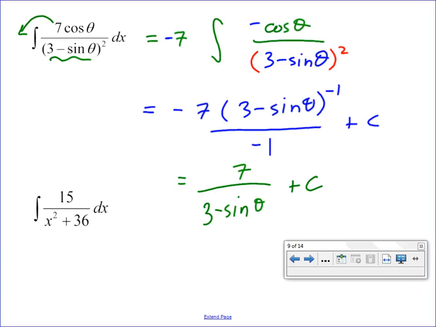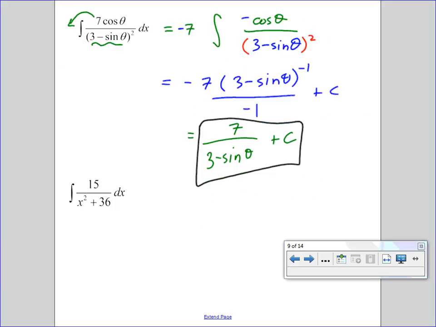So remember, we can check every single time. By differentiating, we can check our antiderivative, and I think that's an important skill. I want to check every time. So I get 7 times the current power, negative 1, so negative 1 times 3 minus sine theta to the negative 2, then times the derivative of the base.